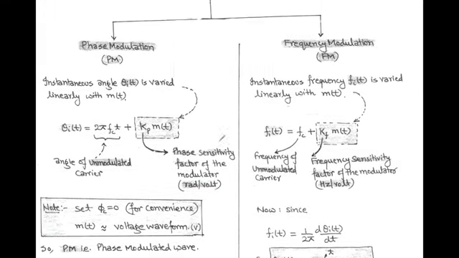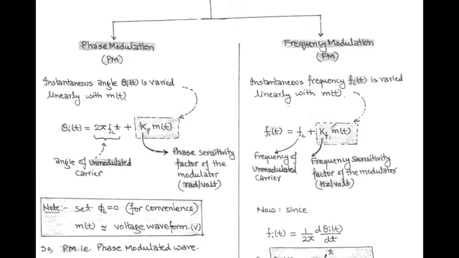Next classification of angle modulation is frequency modulation or FM. Frequency modulation is the process in which the instantaneous frequency, that is fi, is varied linearly with the message signal. So we can say that the instantaneous frequency, that is fi(t), is equal to fc plus Kf into m(t).